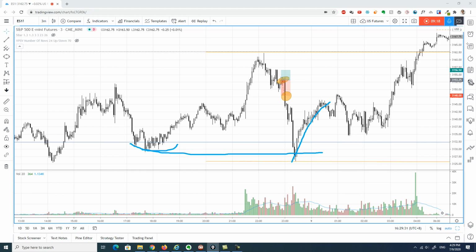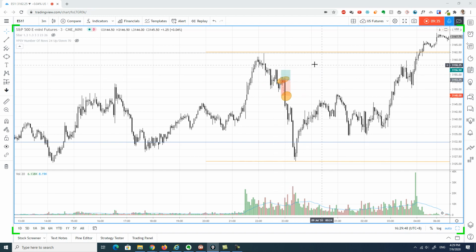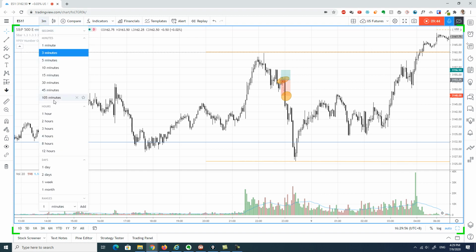So this is another potential trade, but I just didn't take that because it happened kind of in the middle of nowhere and wasn't in my plan level. So I just ignored the trade, and this is the only trade that I had. And yep, that's the trade review for yesterday's session.